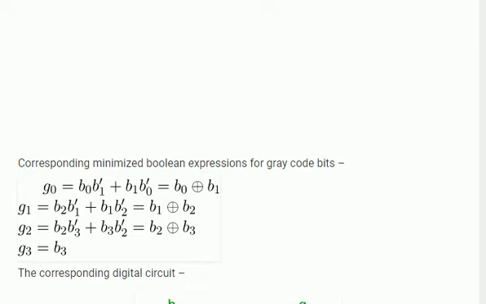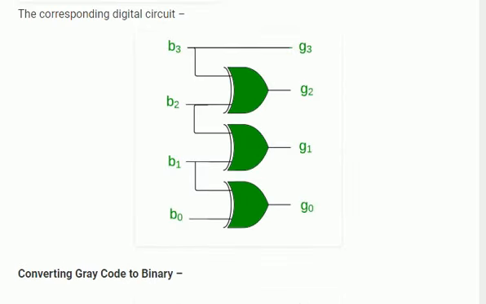So when we implement this circuit, we get the result as here: G3 is equal to B3, so simply input is equal to the output. For G2 we are having B2 exclusive OR with B3. For G1 we are having B1 exclusive OR with B2, so two inputs B1 and B2 XOR with each other, so G1 is here.